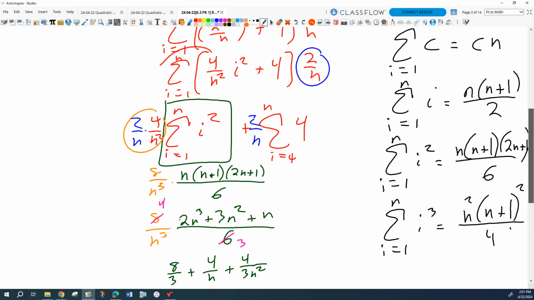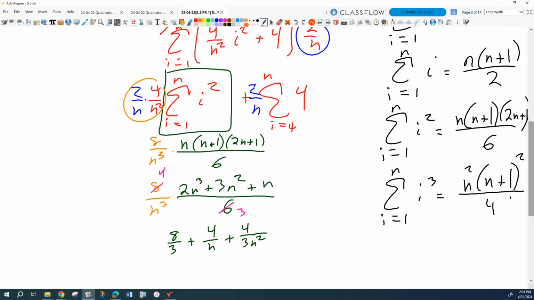Okay. Fortunately, this other one's a lot easier. Right? When I add this guy up, that's just 4n, right? Everybody agree? Okay. So then we just get this plus sign, and then we get plus, we had our 2 over n, and then everything in the purple box just becomes 4n. So that just becomes 8, doesn't it?